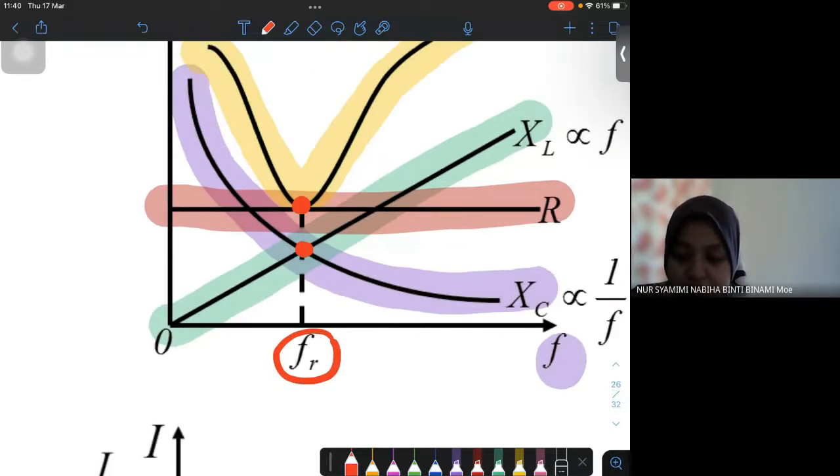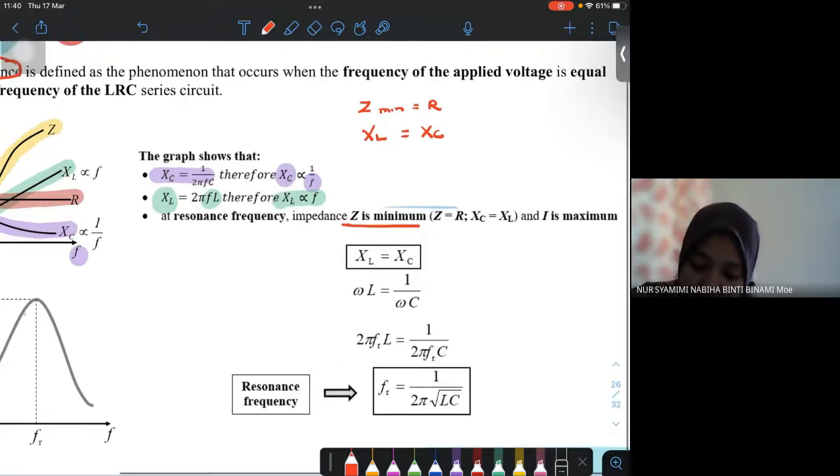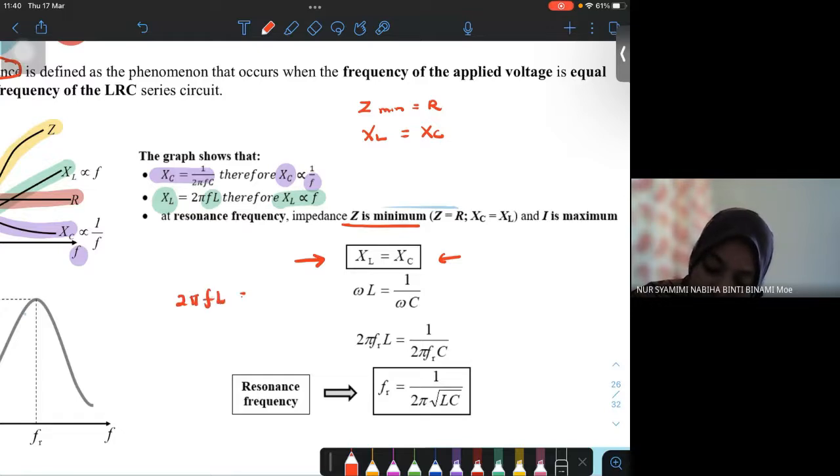So, kalau soalan exam tanya, apakah syarat untuk resonance frequency terjadi? The first one ialah Z minimum is equals to R. Bila Z minimum equals to R, XL is equals to XC. Okay. Bila XL is equals to XC, ini dia punya syarat. Kita tahu equation untuk XL ialah 2 pi FL. Equation untuk XC ialah 1 over 2 pi FC.